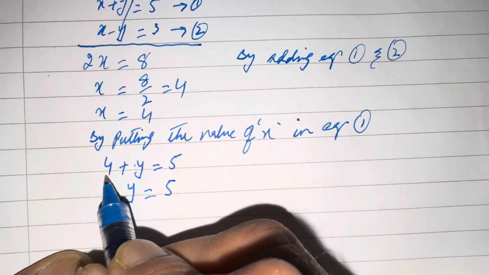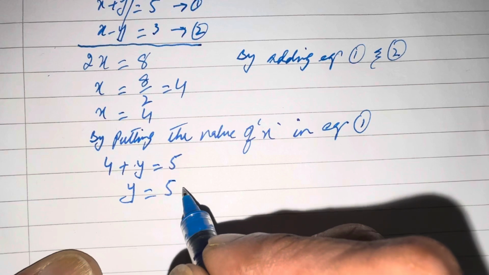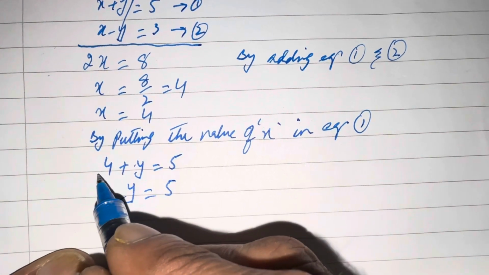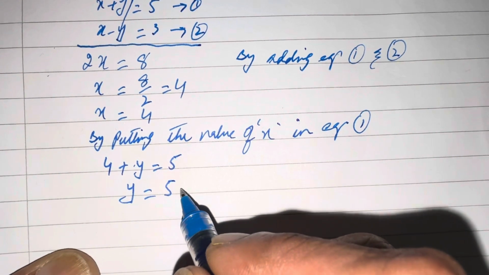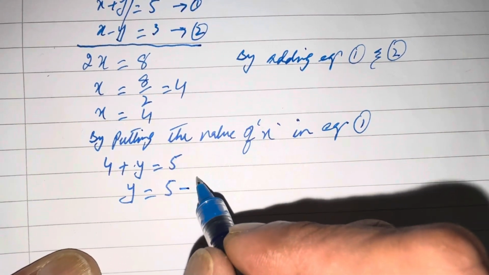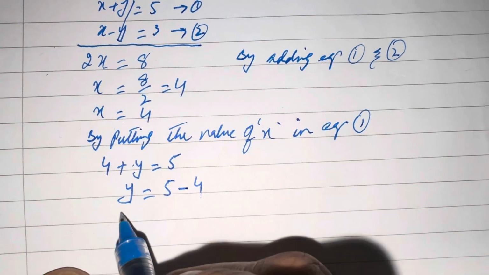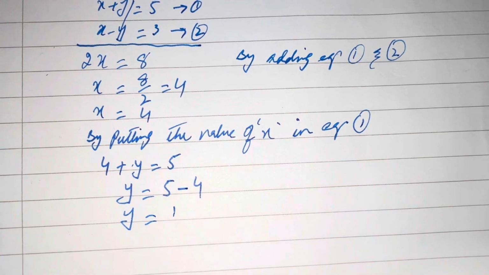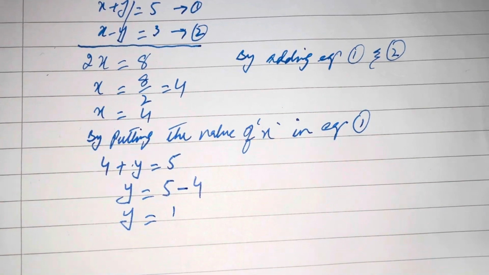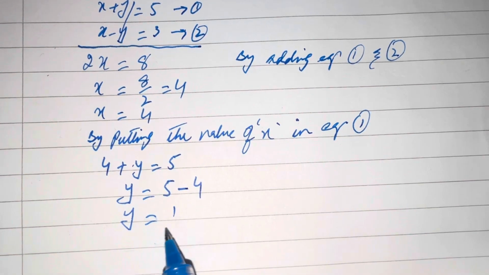When you take this plus 4 from one side to the other side of the equation, the sign will be changed. On this side, the sign of the 4 is positive, then on the other side, the sign will be changed into negative. So the value of y will be equal to 1. Now we have found the value of x is equal to 4 and the value of y is equal to 1.